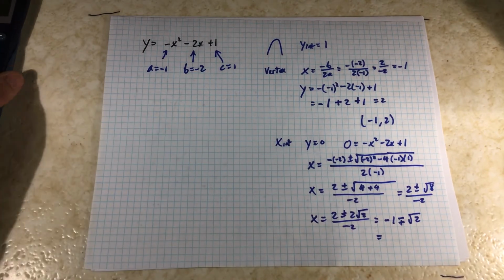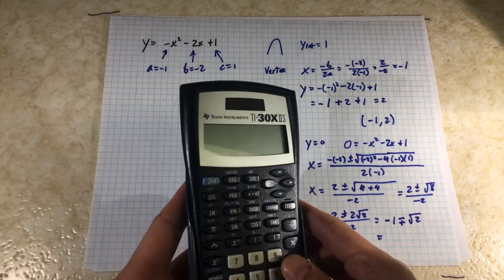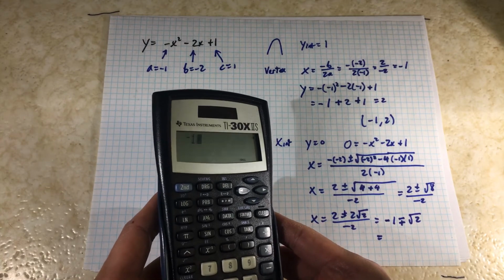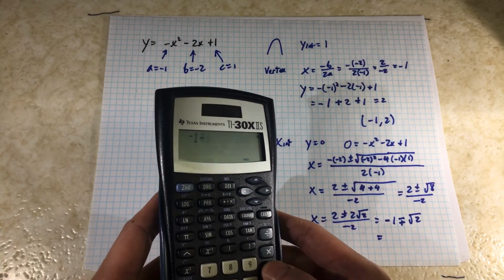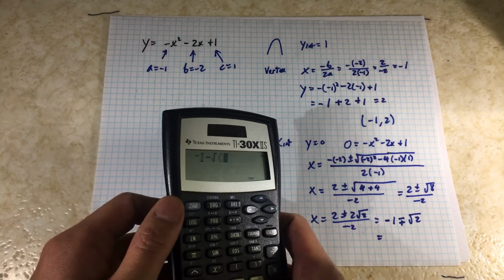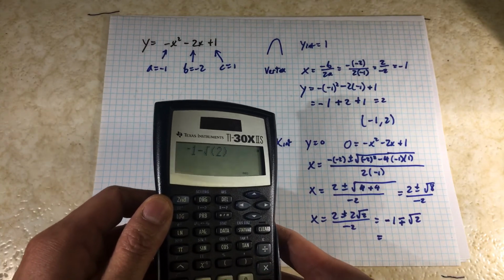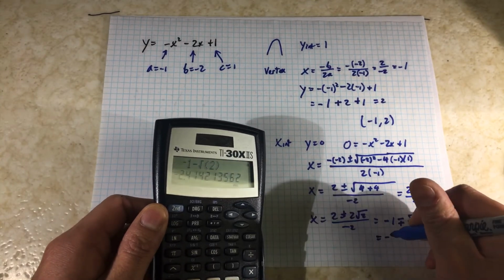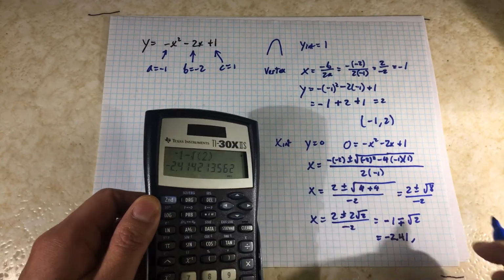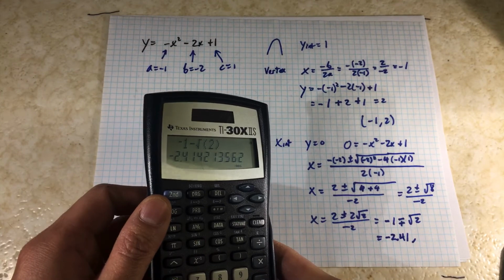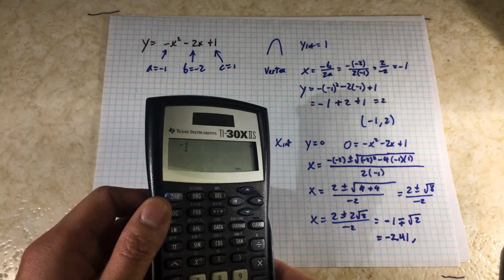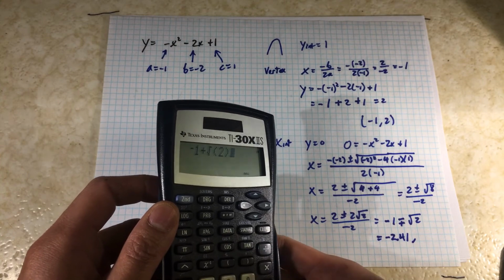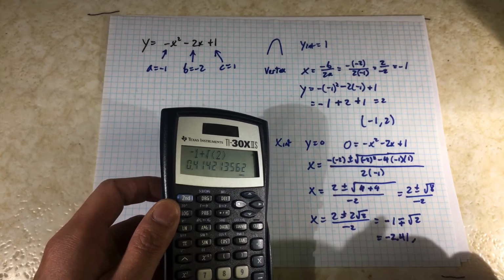And you can calculate those x-intercepts by plugging in. So I'm going to get negative 1 minus the square root of 2, which is about negative 2.41. And then negative 1 plus the square root of 2, which is about 0.41.